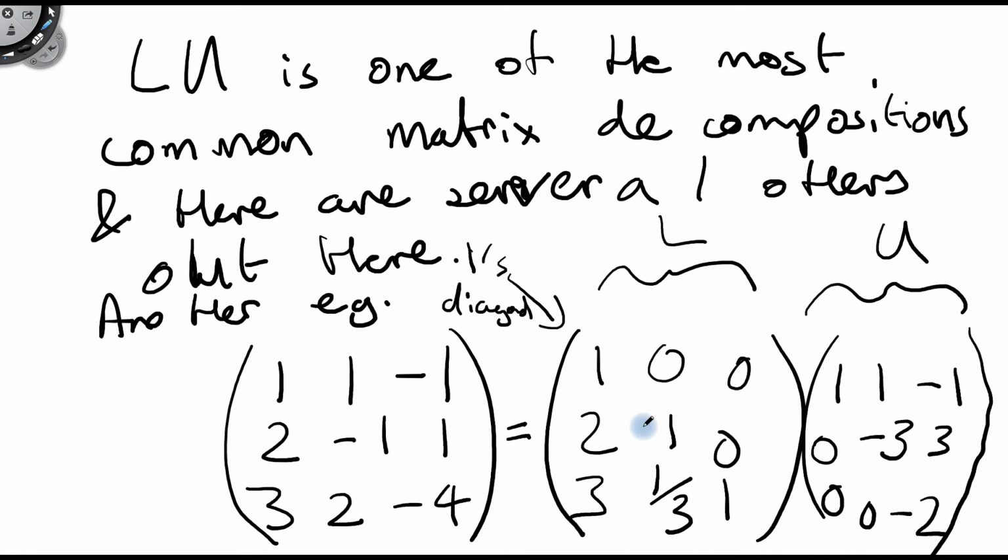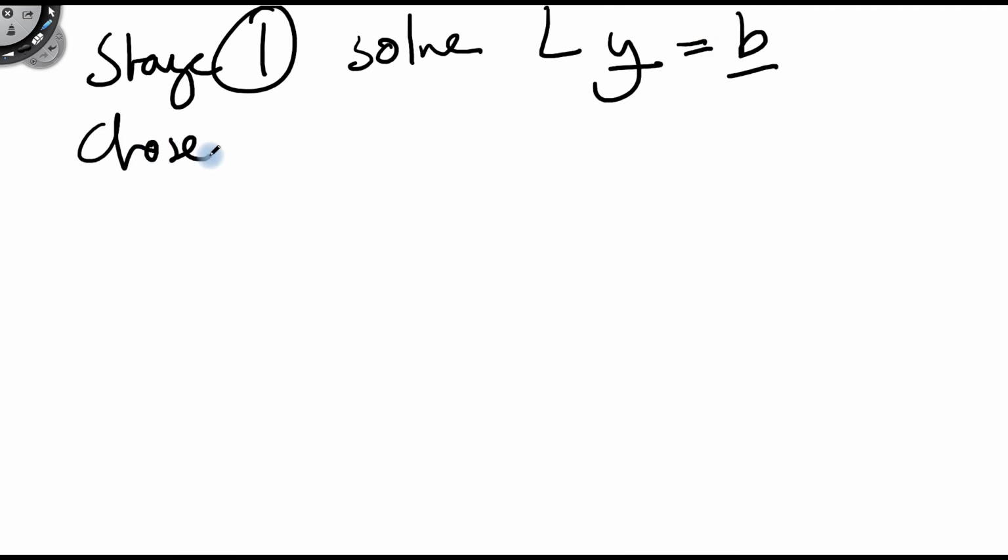So stage 1. Solve Ly equals B. We're going to choose B, by the way, for this problem. We're going to choose B equals (0, 6, minus 4).